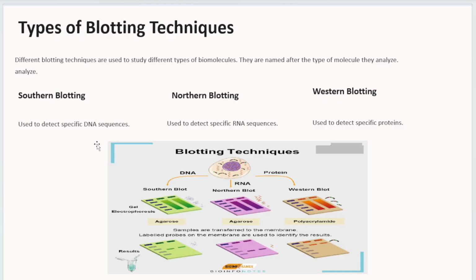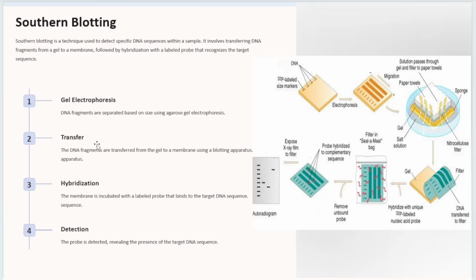So how exactly are these techniques done? First one is Southern blotting. Under Southern blotting, we have an agarose gel with wells on it. We put the molecular markers in one of the sample loaders, and in other wells we put the DNA of our interest. Then we make the electrophoresis occur.